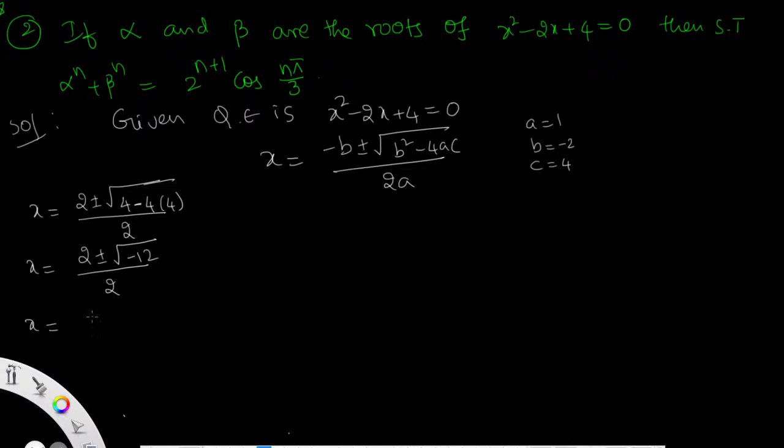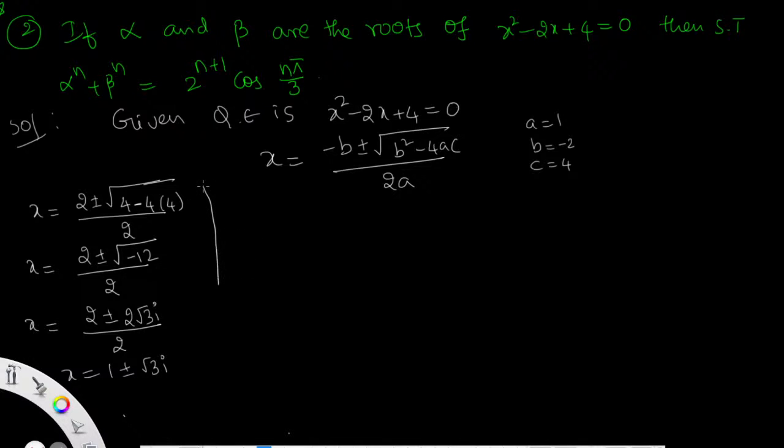So you get 2 plus or minus square root of minus 12. 4 3s are 12, so 2 root 3 into the minus, which you can write as i. So 2 cancels, then you get 1 plus or minus root 3i. Don't get confused: it is square root of minus 12, 4 into 3, 4 means 2 outside, i is there, i square is minus 1, that's why you write i outside. So 2 root 3, taking 2 as common, you get 1 plus or minus root 3i.